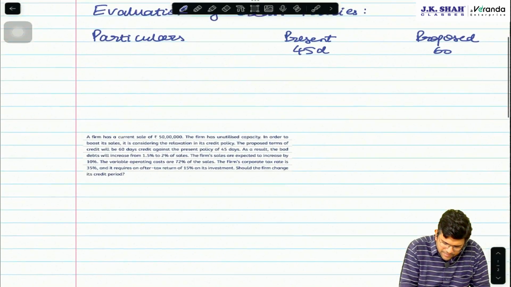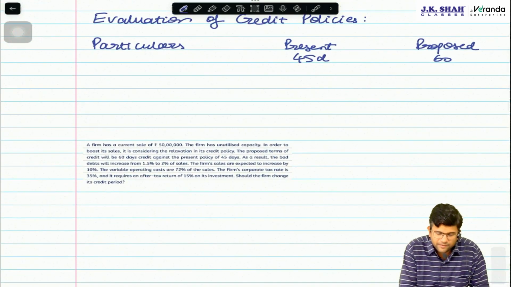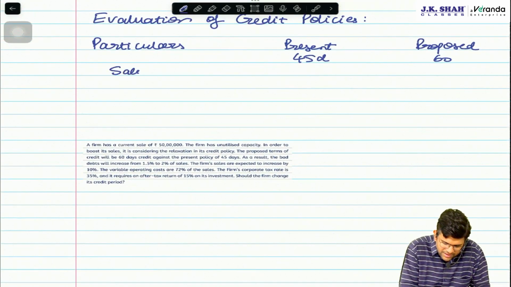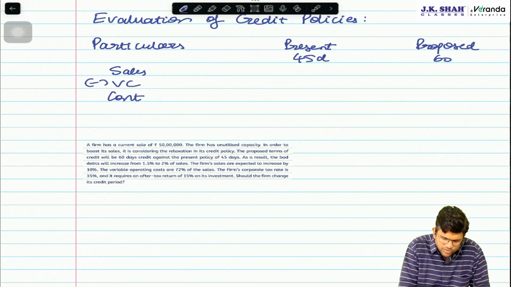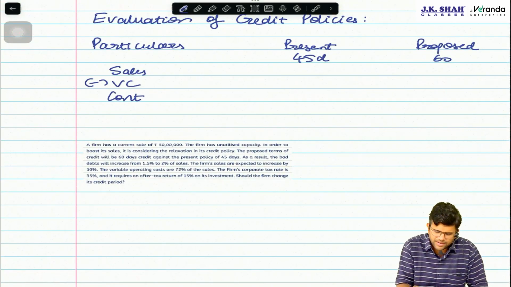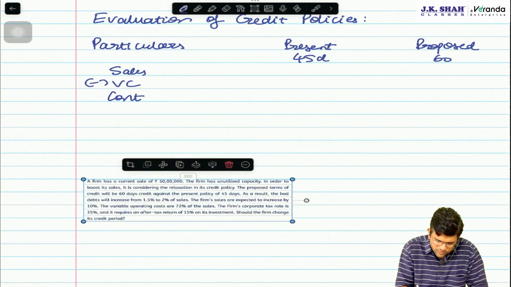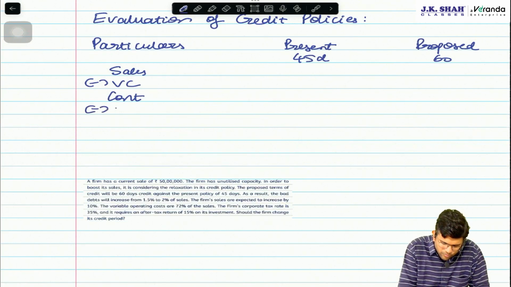The entire format you might know: sales minus variable cost will give contribution, minus fixed cost, but there is no fixed cost given in the question. So we will straight away go to bad debts.